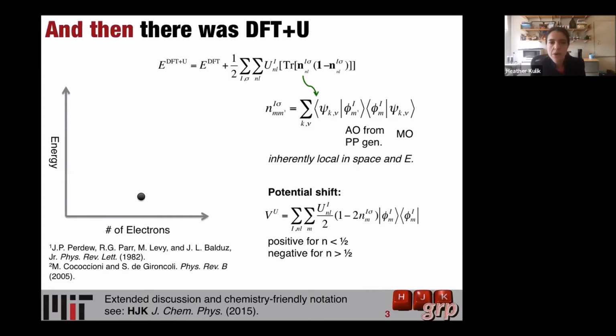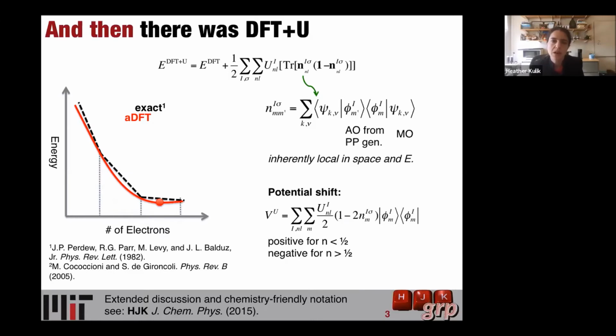For instance, going back to the Perdew, Parr, Levy, Balduz paper from the 1980s, we know that the exact energy functional, so density functional theory or any other method, should be piecewise linear with the addition of an electron. And that addition of an electron should get less and less favorable, so it should follow the form I'm showing here on the left.